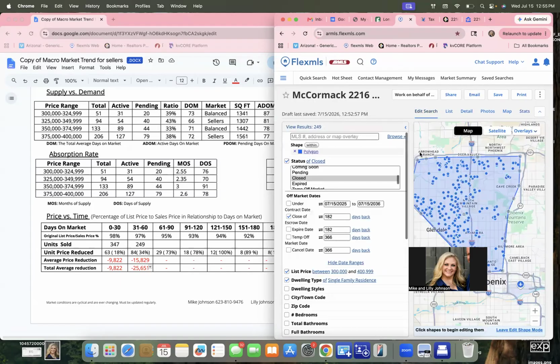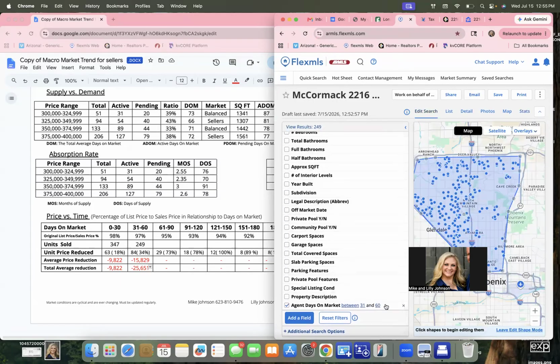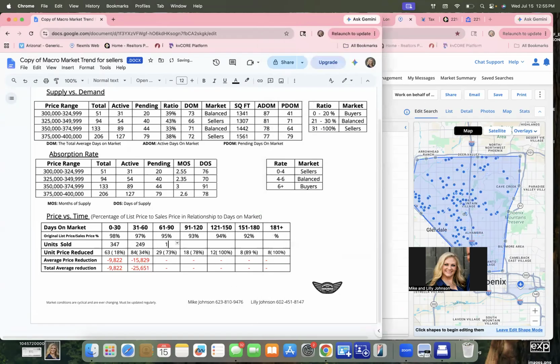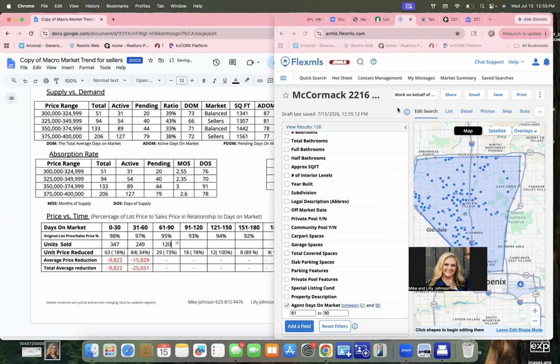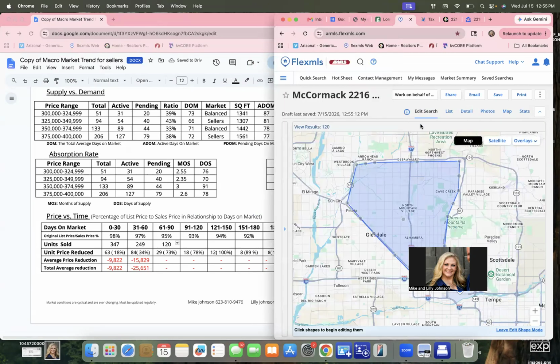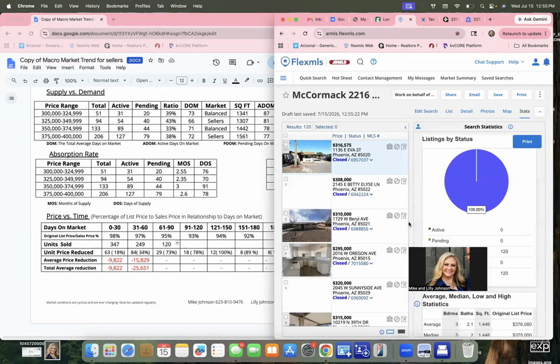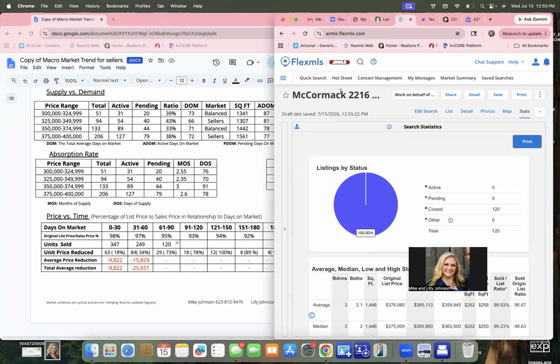Okay. I'm going to edit search again. The only thing I'm changing is now 61 to 90 days. Okay. And that's giving me 120. I can write that, shrink you, go to stats. Go away.